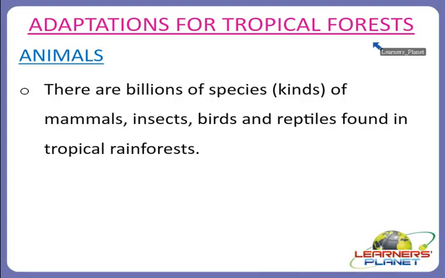So basically there are millions of species, kinds of mammals, insects, birds, reptiles, which are found in tropical rainforests. There are so many that they have not even been named or identified yet. But yes, there is a huge variety of animals found in rainforests.